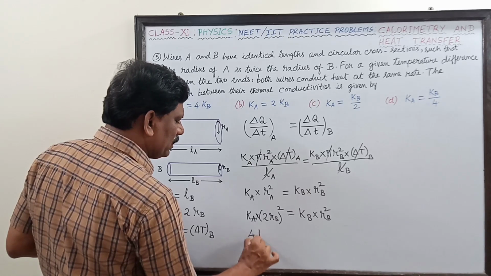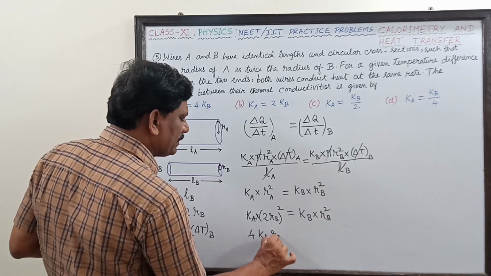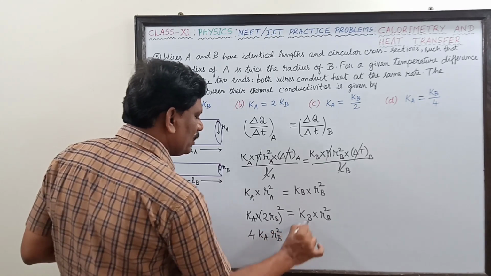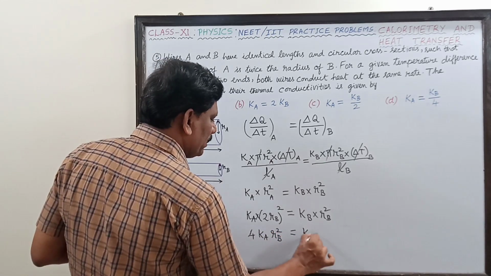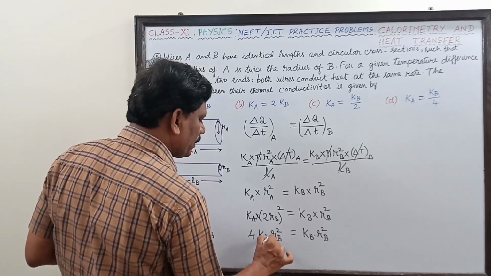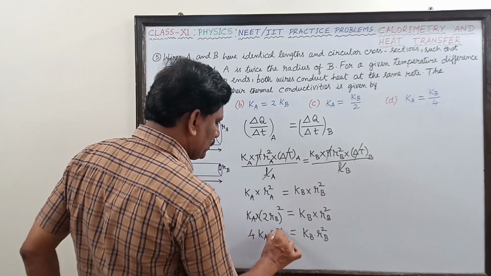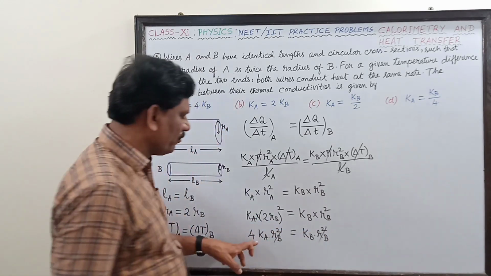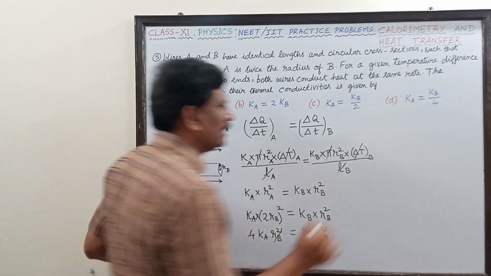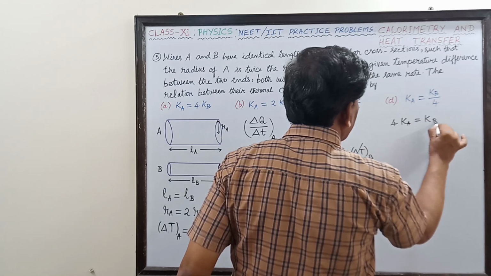So 4 Ka into Rb square is equal to Kb into Rb square. Now Rb square also can be cancelled. So 4 Ka is equal to Kb, is it not? So 4 times Ka is equal to Kb.